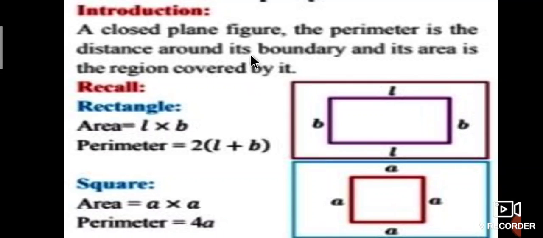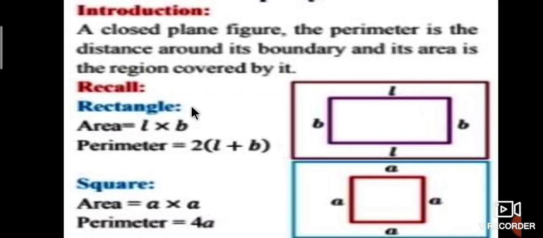Perimeter is the distance around its boundary, called the perimeter of the closed plane figure. Similarly, area is the region covered by it, and it is called the area of that figure.